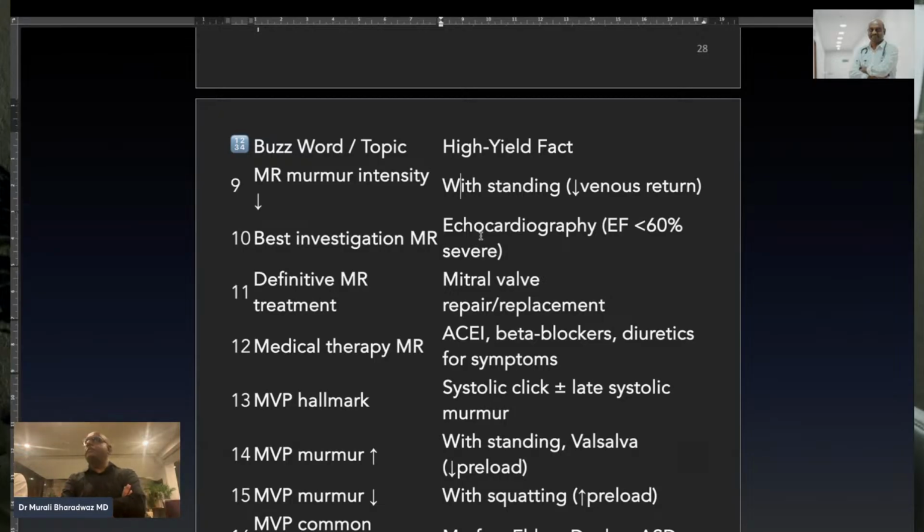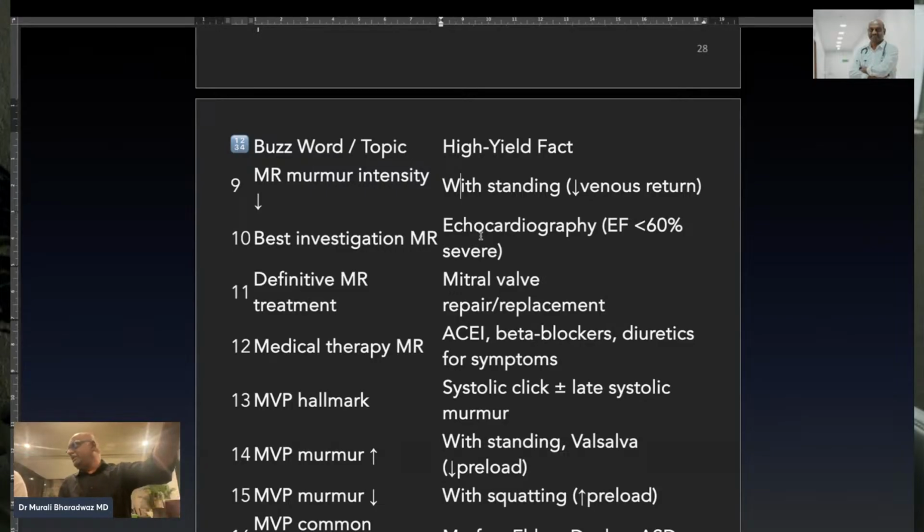And what is the definitive treatment? Repair or replacement. And what is the medical therapy for all regurgitant lesions? Vasodilatation by giving ACE inhibitors, beta blockers, or you give diuretics to decrease preload. Vasodilatation will decrease the regurgitation. అంతే కదా?